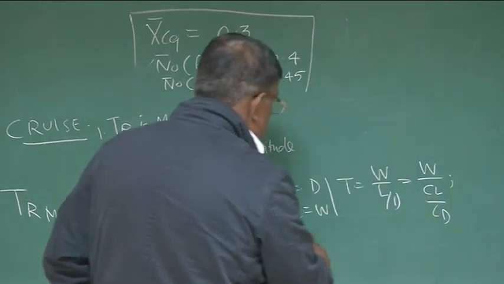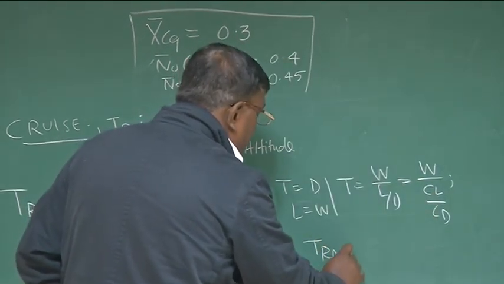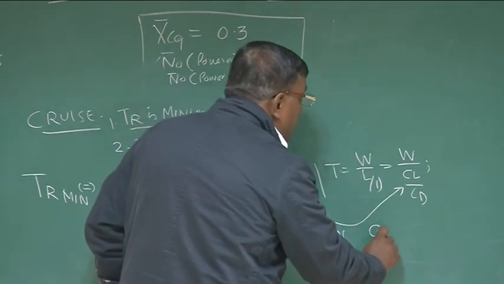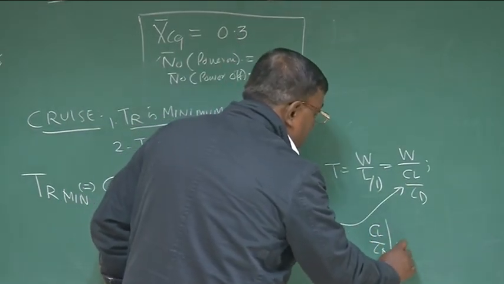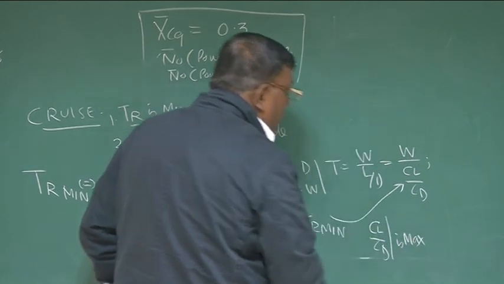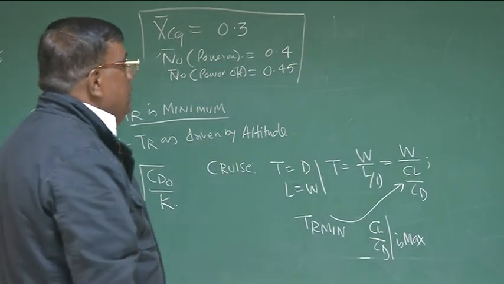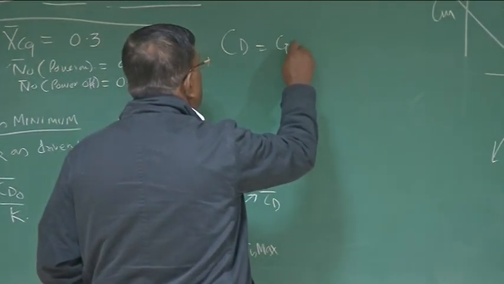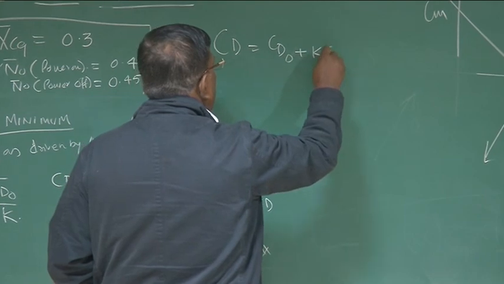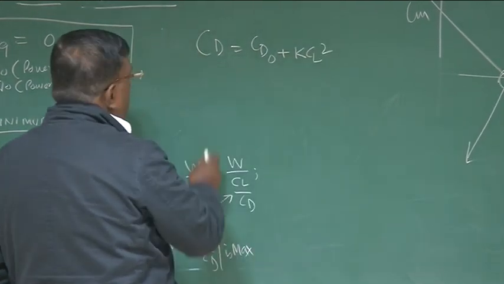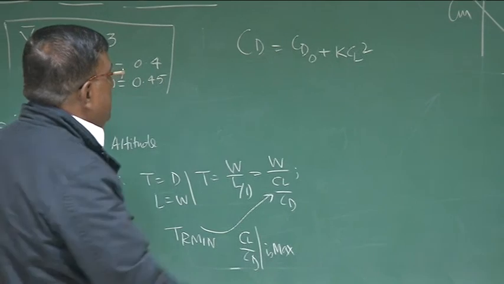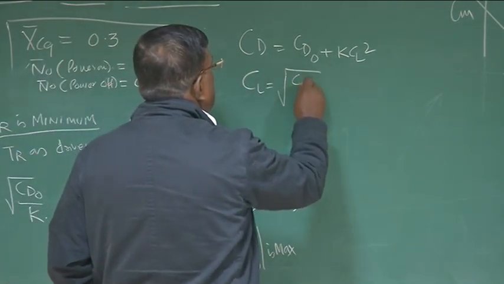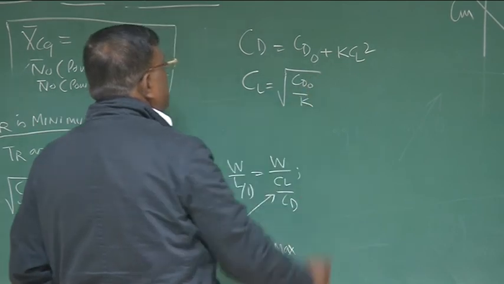And that means thrust required is minimum for a given weight if CL by CD is maximum. And you know the condition which we get from the drag polar, that is CD equal to CD naught plus K CL square, I can show that for CL by CD to be maximum, the condition is CL equal to under root CD naught by K.